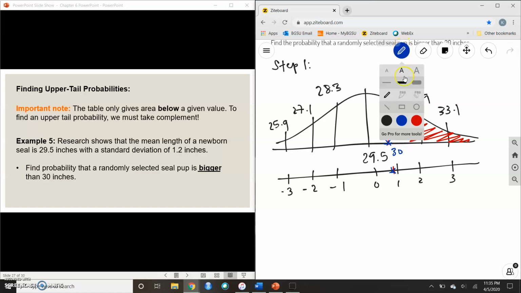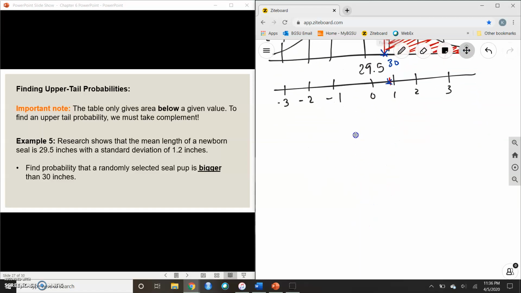Okay, so moving on to step 2. Step 2 is going to be very similar to the lower tail probabilities. Here, step 2 is making that z-score transformation. So here our x is 30, mean is 29.5, sigma is 1.2.